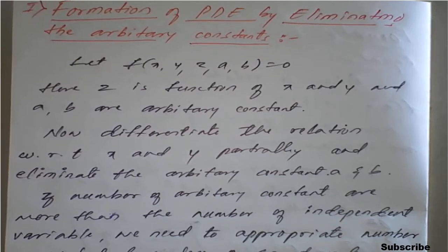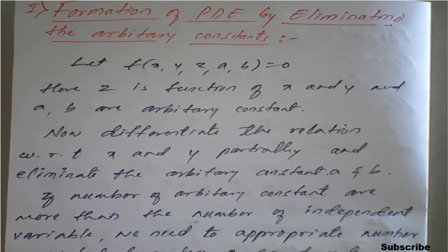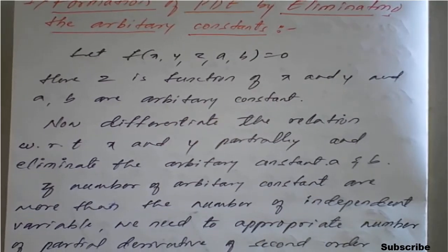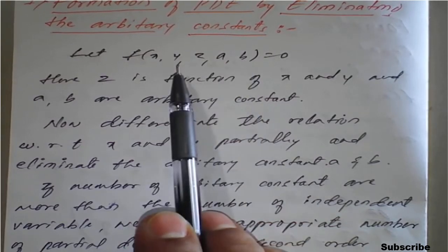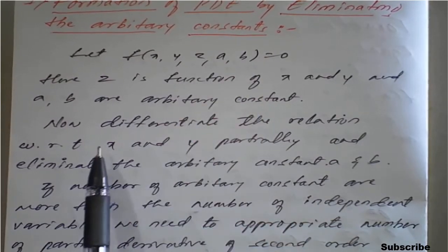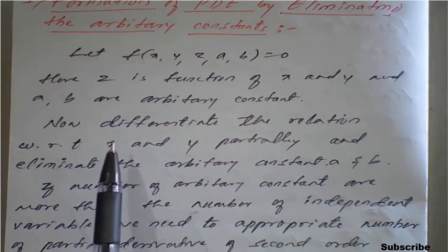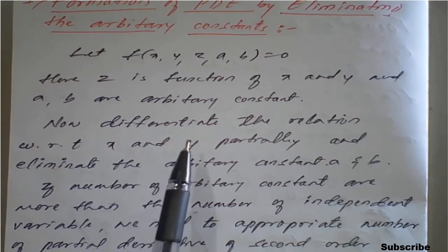So if only two arbitrary constants are there, we have to differentiate with respect to x and y. Remember here we have two arbitrary constants and two variables, therefore only a first order partial differential equation is possible.